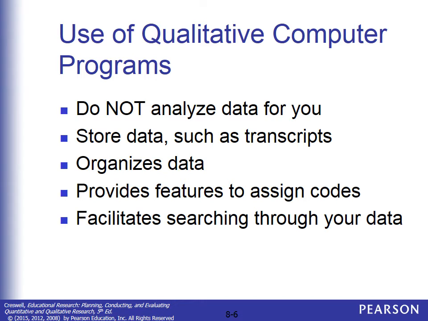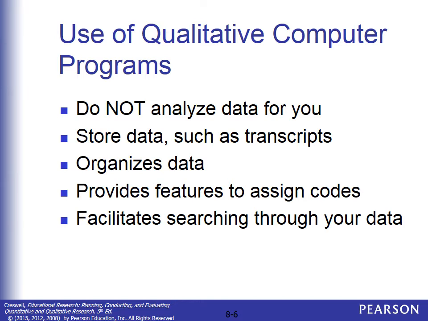For other qualitative researchers who are comfortable with technology and have the time to learn a computer program, they might engage in a computer analysis of qualitative data, which means that researchers use a qualitative computer program to help them store, analyze, sort, and represent data.